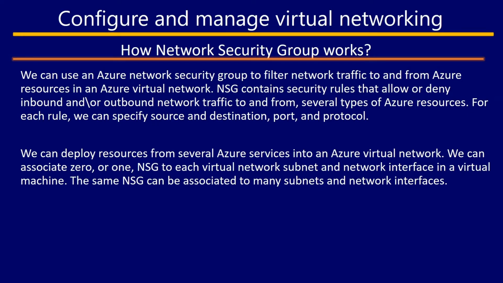For each rule, we can specify source and destination, port and protocol. We can deploy resources from several Azure services into an Azure virtual network. We can associate zero or one NSG to each virtual network subnet and network interface in a virtual machine. The same NSG can be associated to many subnets and network interfaces.